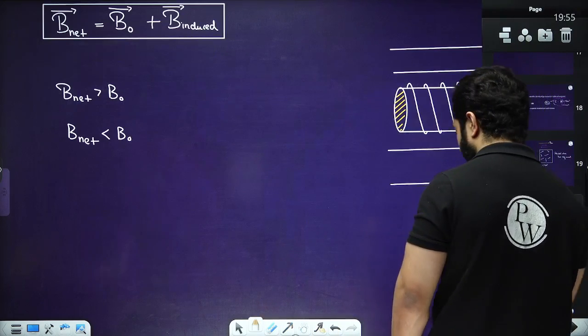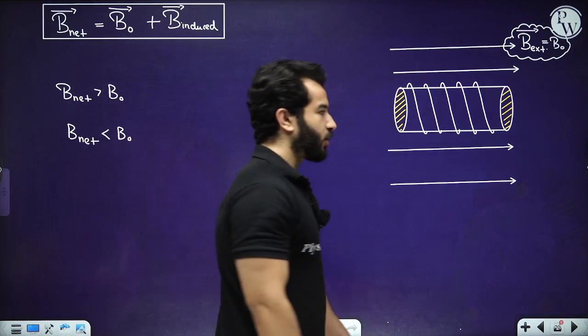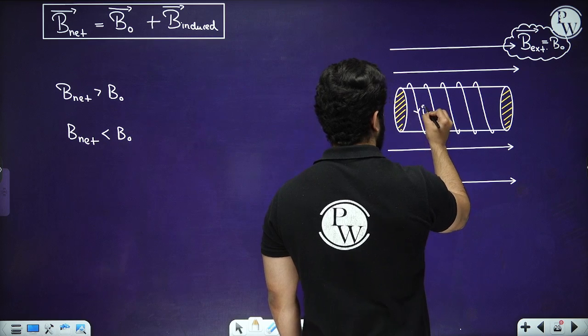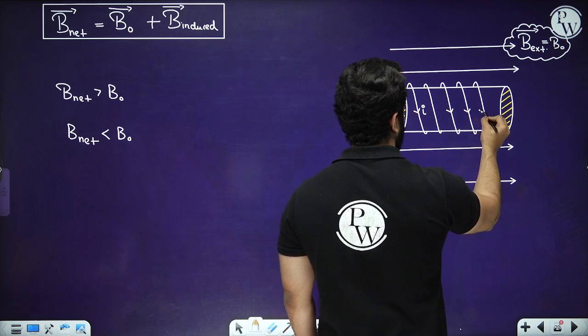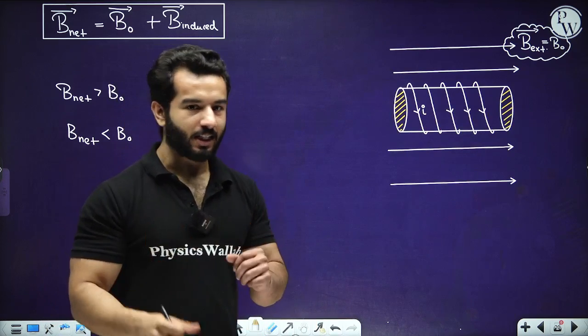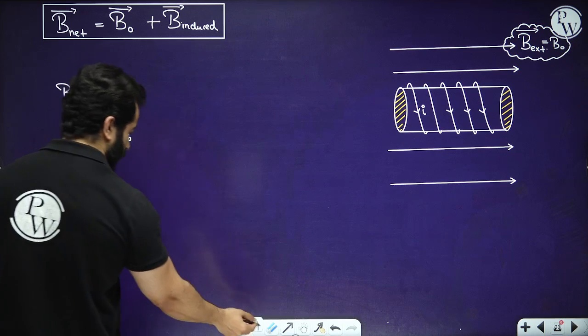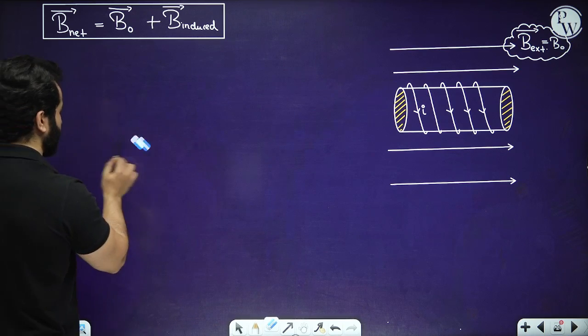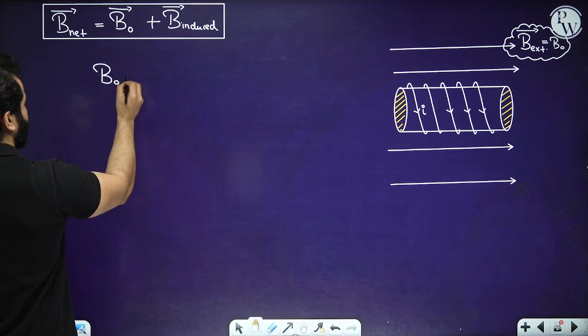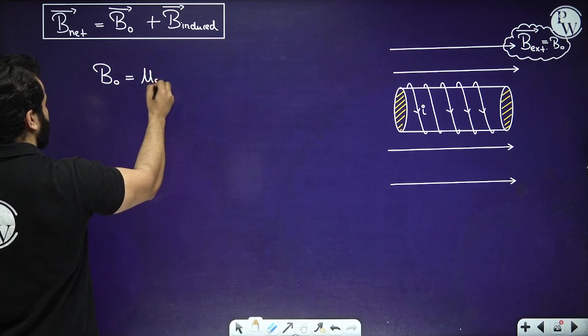So we said that let's suppose we have got a solenoid which is having a current I, something like this, right? So it will have a magnetic field mu naught Ni, that is because of external factors. So now B naught can be written as mu naught times Ni.